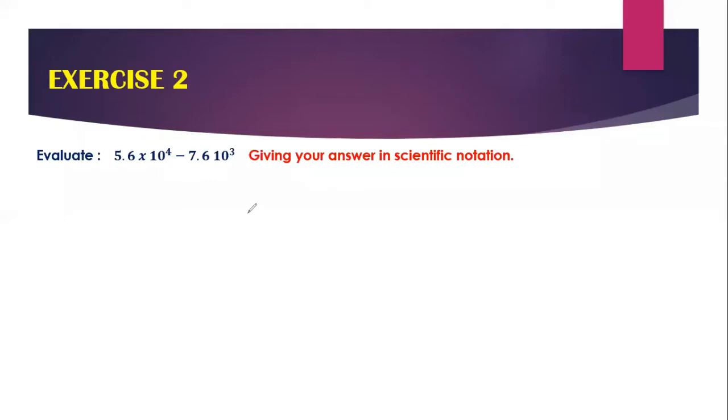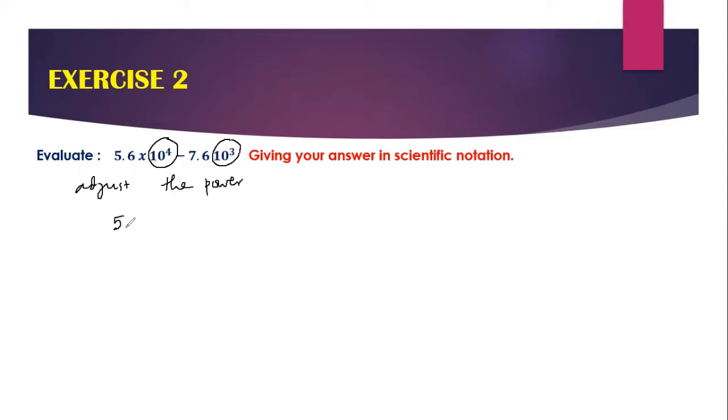Okay, so then 5.6 times 10 to the power 4. This exponent is 10 to the power 4, but this exponent, to the power 3, is different, right? You have to adjust the power. Better to keep 10 to the power 4, because 10 to the power 4 is the highest.